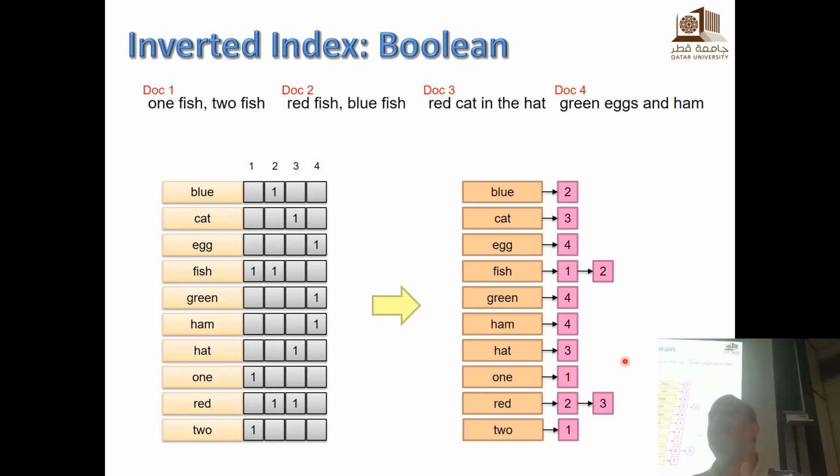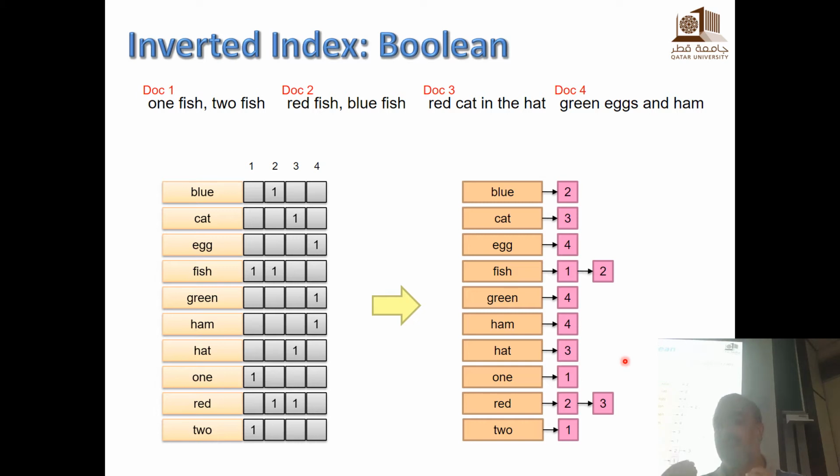Now this will give us only where the terms appeared, but it doesn't tell us anything about the frequency of the appearance of the terms in the documents. Of course, you can think of the frequency as an indication of importance. If a document is talking a lot about research, then probably you will find the word research repeated many times in the document.